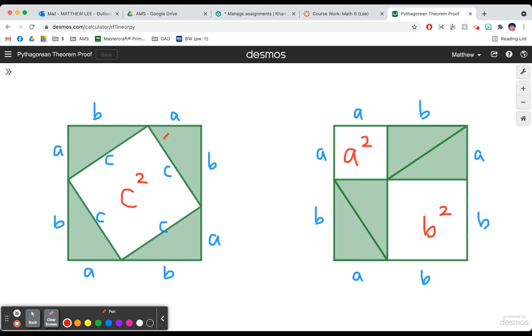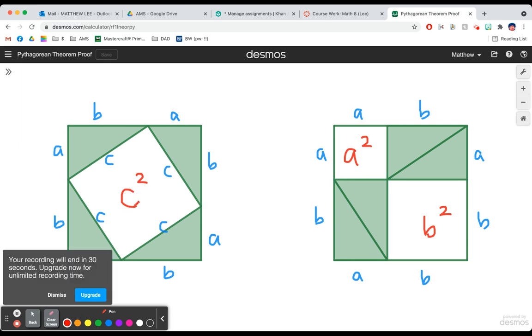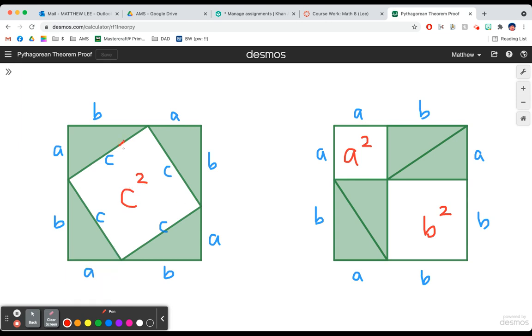Let me say that again. I have an empty space right here, and no matter how I rearrange the green right triangles, the leftover white space should still be the same area. So that's how you get C squared is equal to A squared plus B squared. That's just one proof of the Pythagorean theorem.